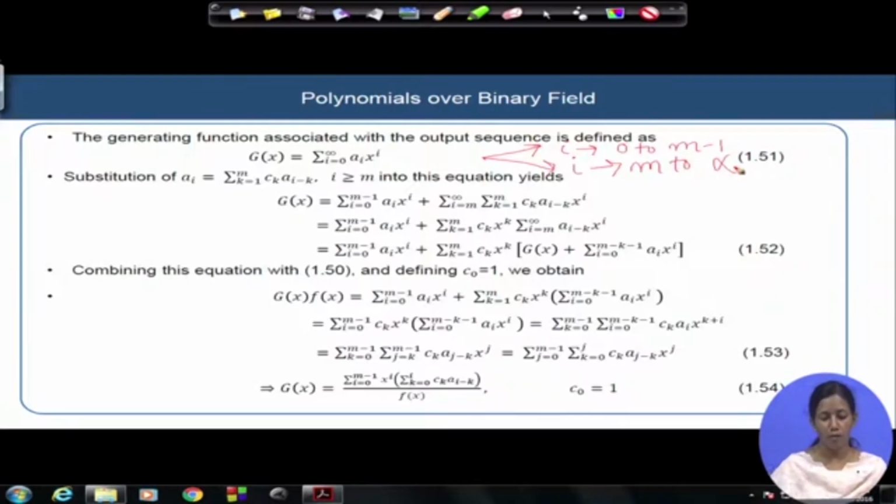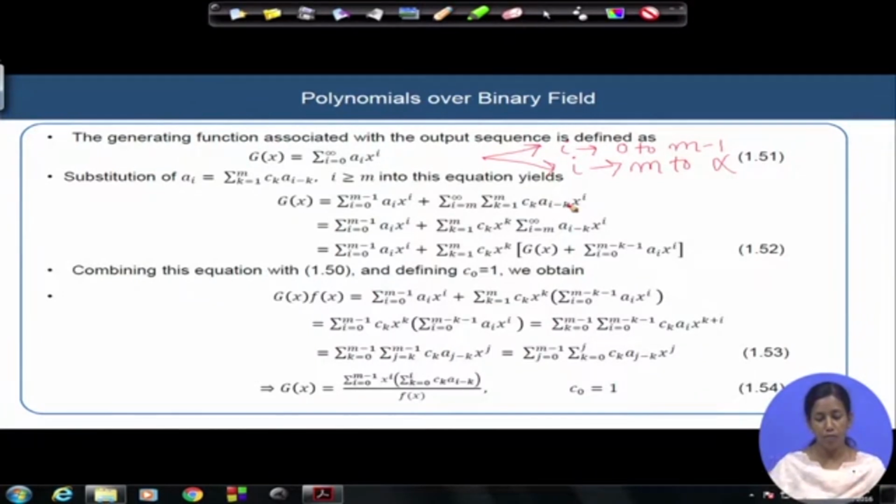So, the value of a i for both cases is not the same. For i equal to 0 to m minus 1, it is directly whatever you have stored in the initial stage, given by the expression a i x to the power i. But once you cross m minus 1, from m to infinity, a i will be substituted by this expression. So, we have just broken the initial generating function by this expression.